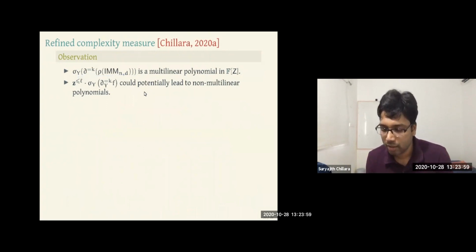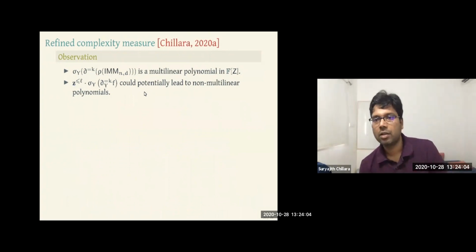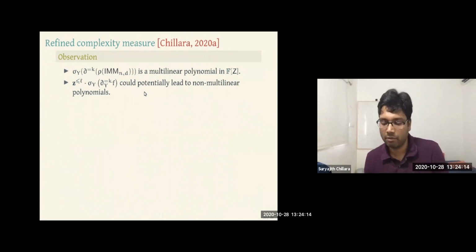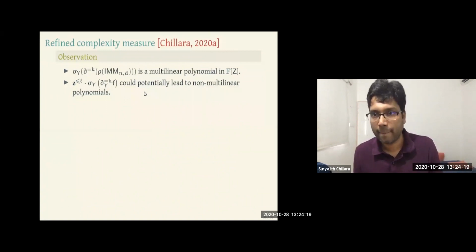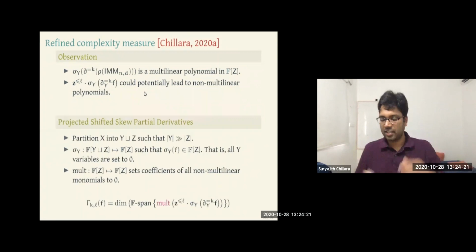And if you take shifts using monomials of degree at most l, these could potentially lead to non-multilinear polynomials. So one thought could be, what happens if we just look at the polynomials that are generated which are multilinear? So the structure is maintained.